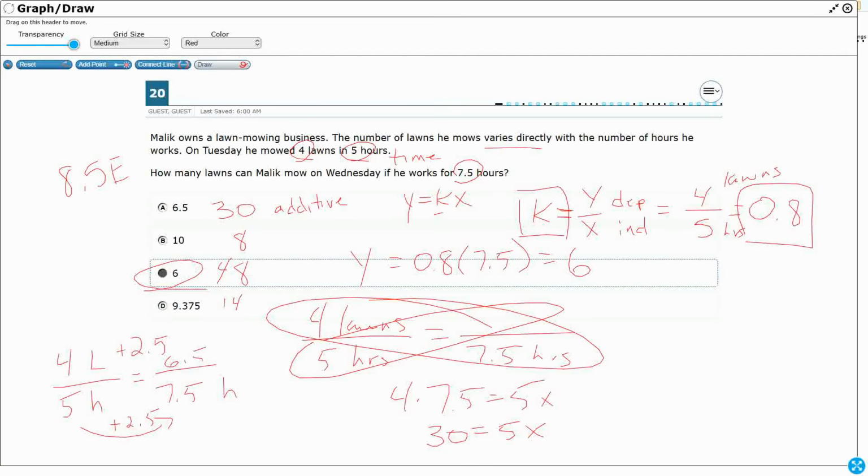You don't make it an additive relationship, it's a multiplicative relationship. But this is how they got to A. So definitely we need some extra work there. Going back to 7th grade proportions and working with that, because you could have solved it that way if you needed to. This was kind of middle of the road, slightly on the harder side, tied for our 18th most difficult item on the test.